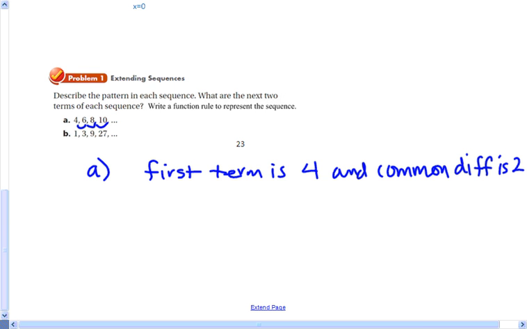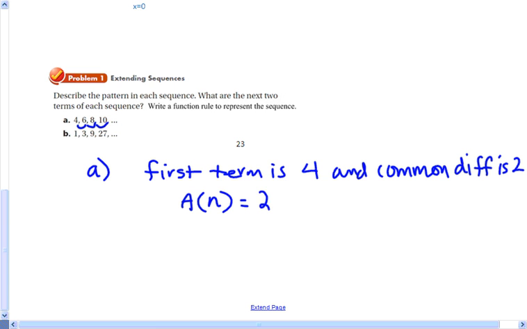We also want to write a function rule for that, and I'm going to write it using function notation. I'm going to use the letter A because it's an arithmetic sequence. So I'm going to say A sub n, A of n. So n is the input, and that's whatever term we're on, is equal to, we want to think of the common difference as the slope in this case.